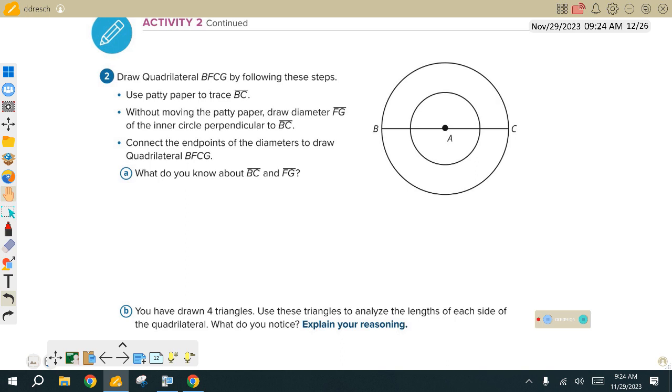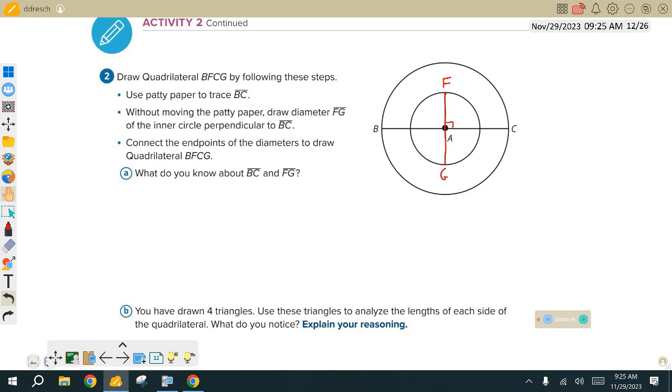When you draw that, we've done the perpendicular bisector. It bisects segment BC and is perpendicular to it. This time we want to use the diameter of that inner circle as FG, so we're not going to draw a secondary diameter. We'll go with that as is and call it FG.